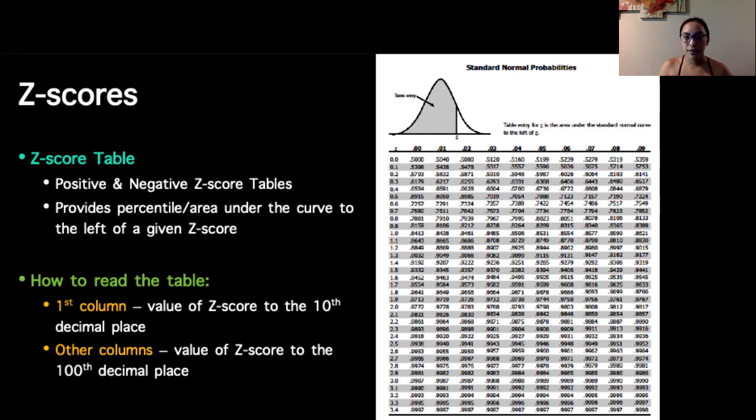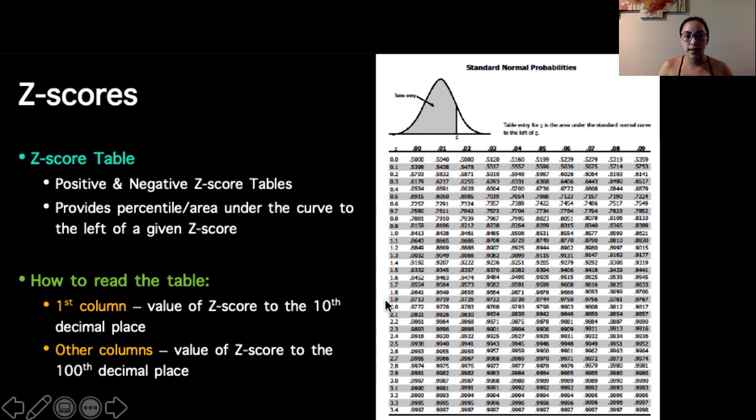So, how do we read the table? When you get a Z-score, you're usually going to calculate it up to 2 decimal places. You notice this first column here lists up to 1 decimal place, or the 10th decimal place. So you'll find your Z-score based on what you've calculated, find where that exists. Let's say we had 1.83.